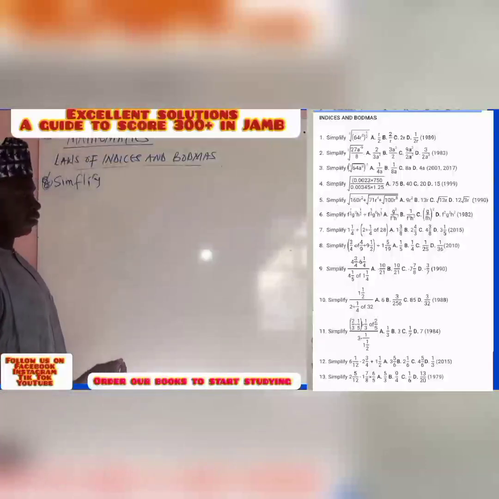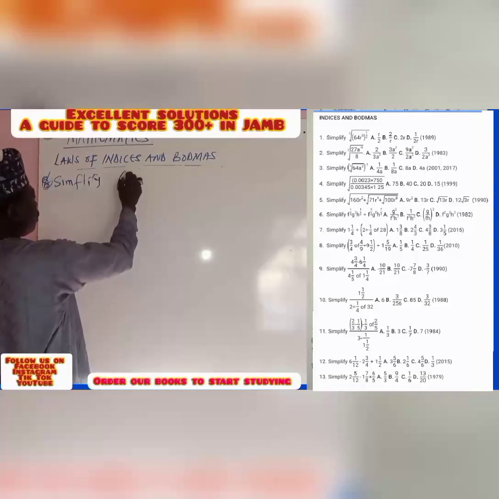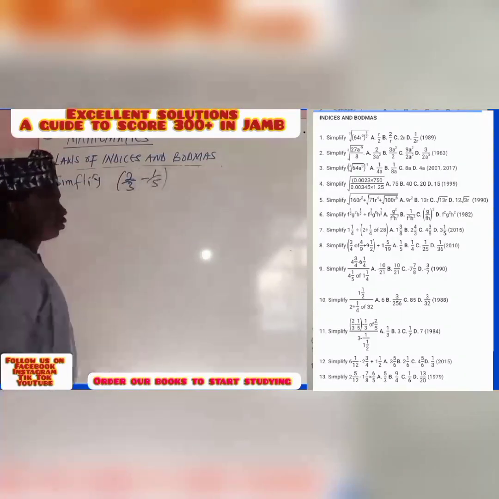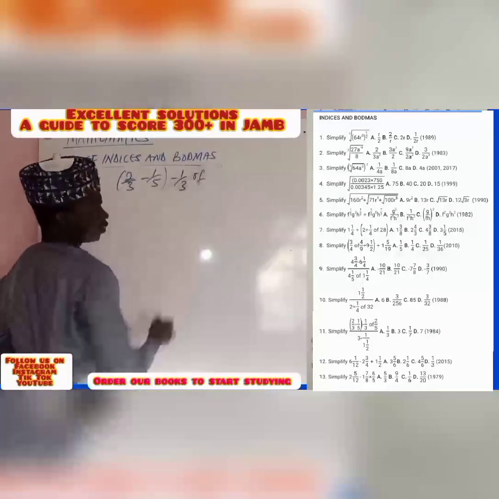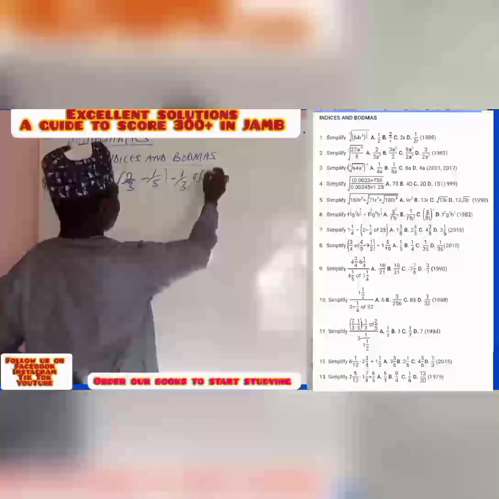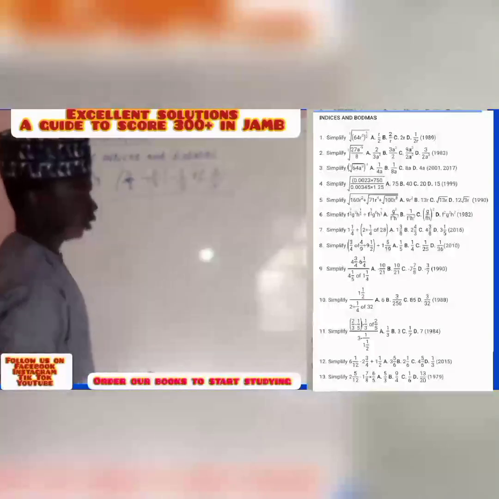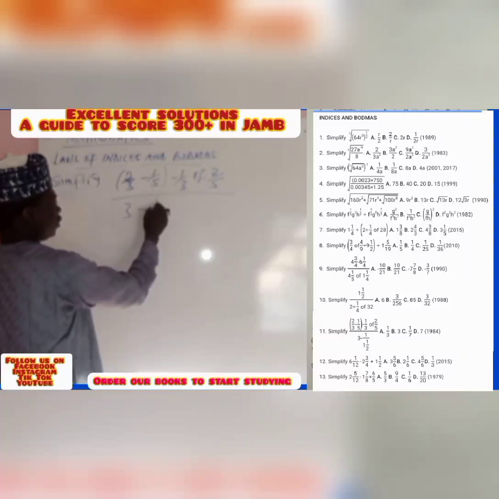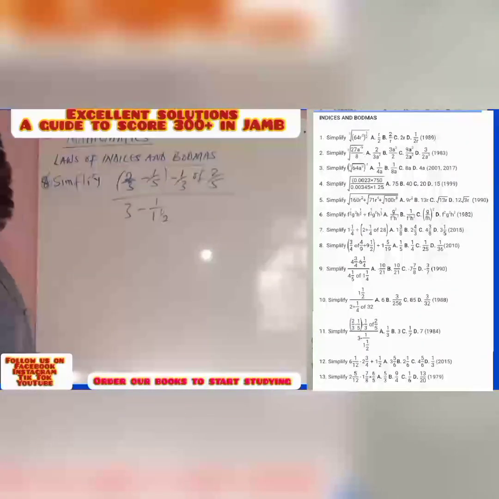So question 11 says simplify 2 upon 3 minus 1 upon 5 minus 1 over 3 of 2 over 5, all upon 3 minus 1 whole number 1 over 1 whole number 1 upon 2. So this is a very easy question to tackle.